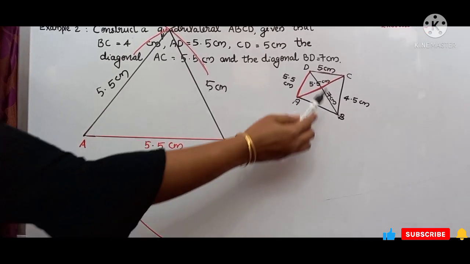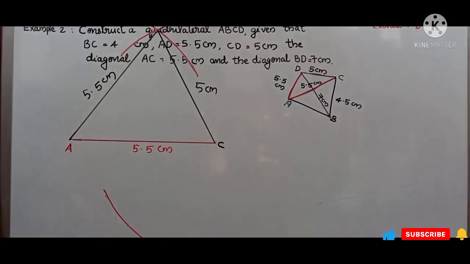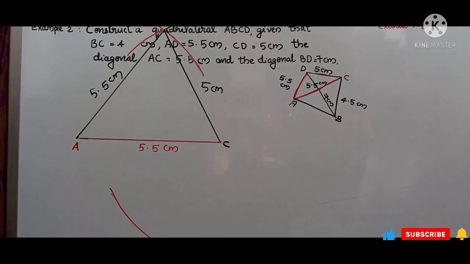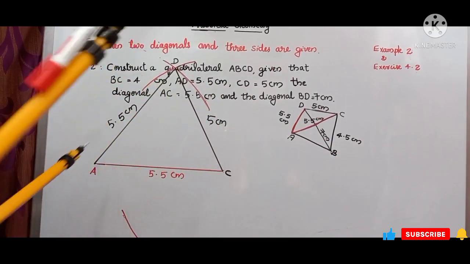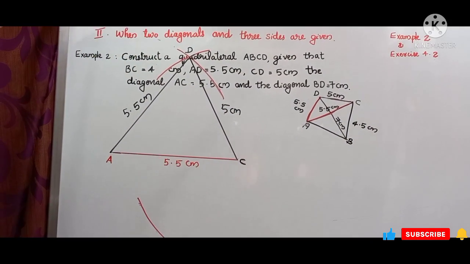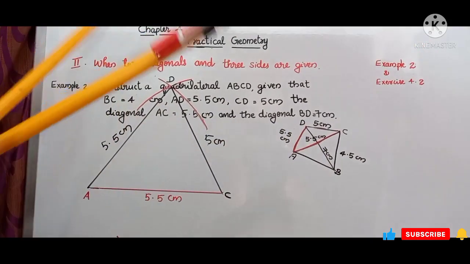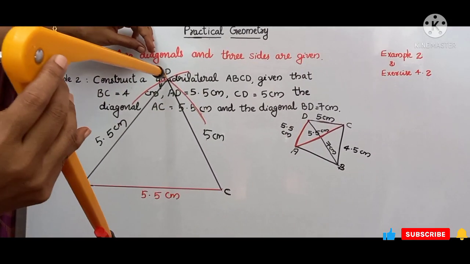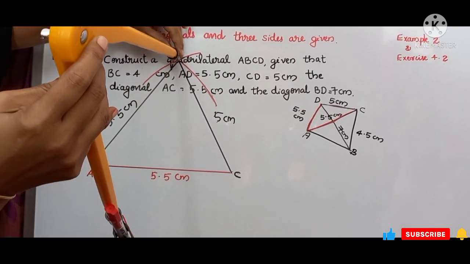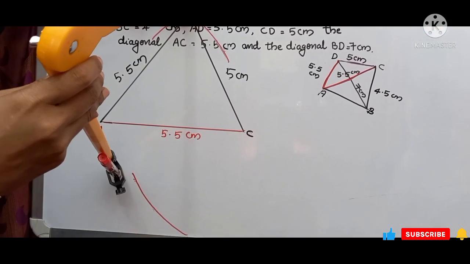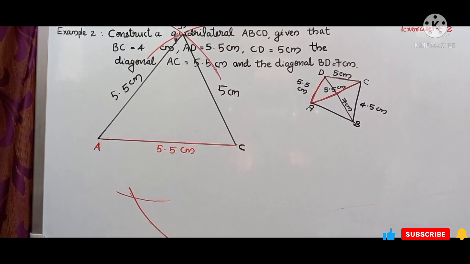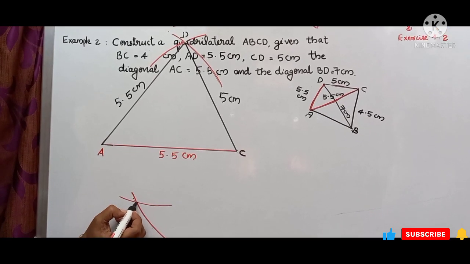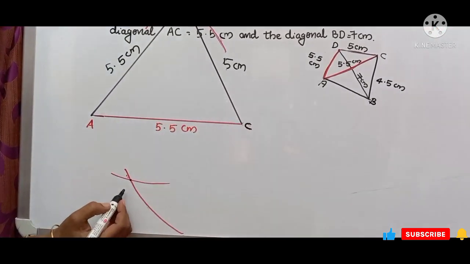So let us take 7 centimeter compass width. I have taken that 7 centimeter compass width and pointing on D, that is DB, only 7 centimeter. So we have to point our compass on the point D and draw another arc. Here you can see it is the intersecting point, and this point is our B.